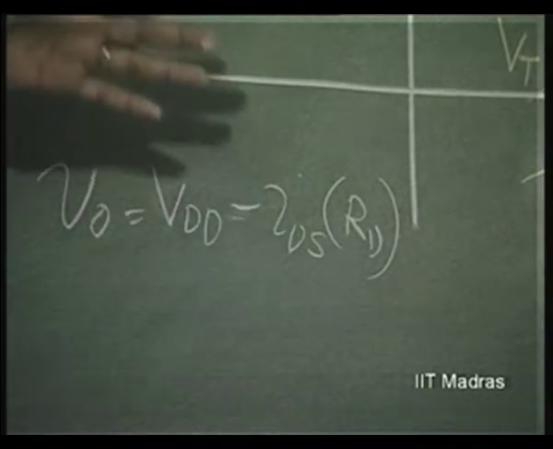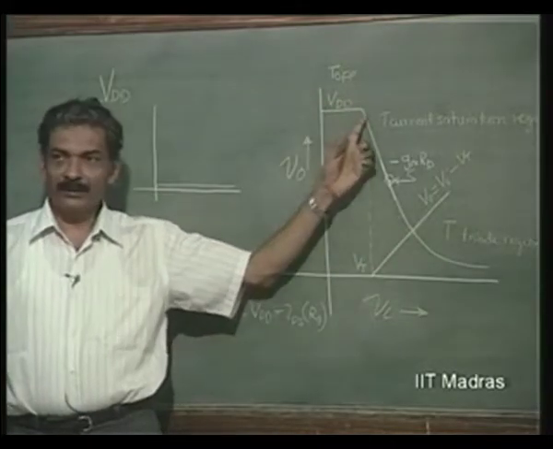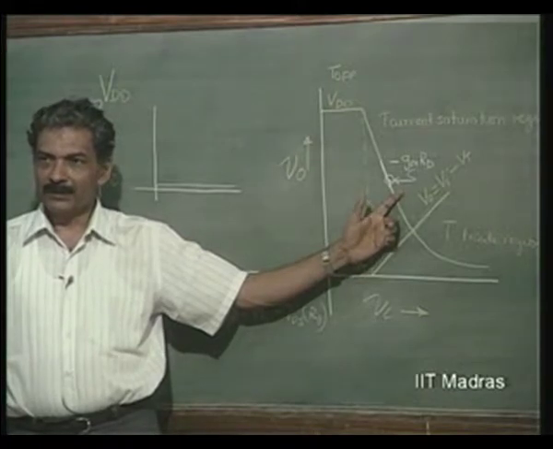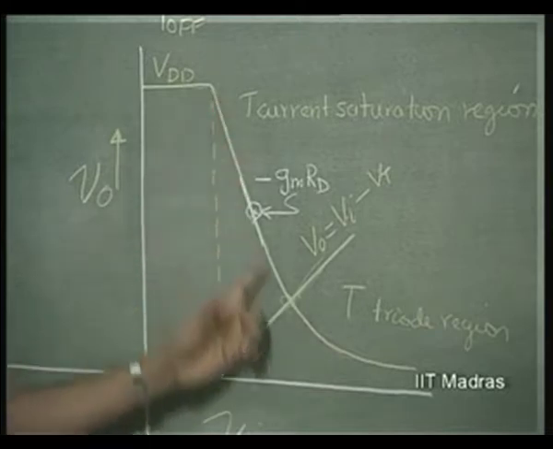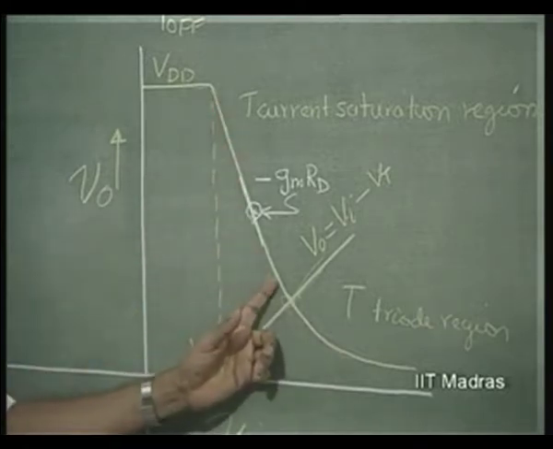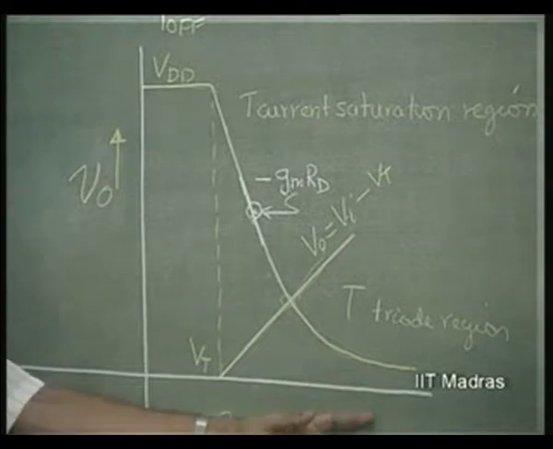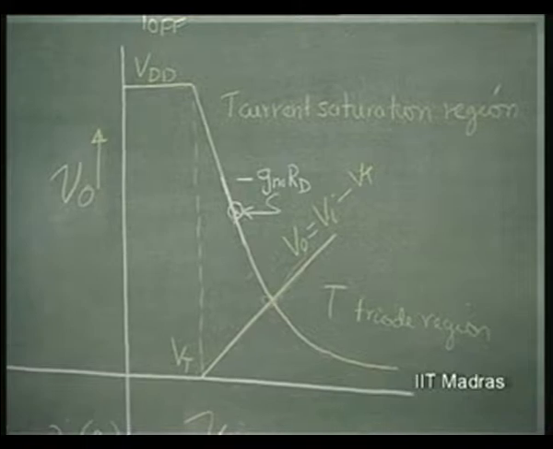IDS being taken as different depending upon the region. Here it is 0, here it is k into (Vgs minus Vt) whole square or (Vi minus Vt) whole square. Here it is 2k into (Vi minus Vt) into V naught minus V naught squared by 2. All these things we had done in the last class.